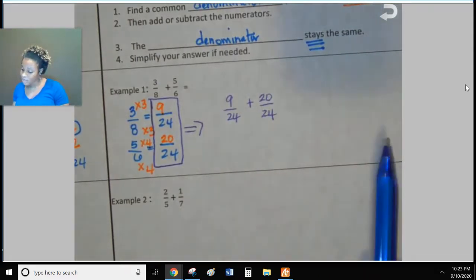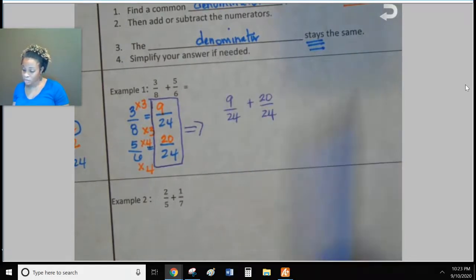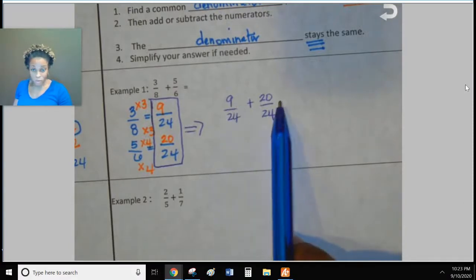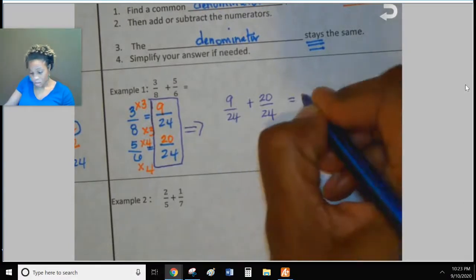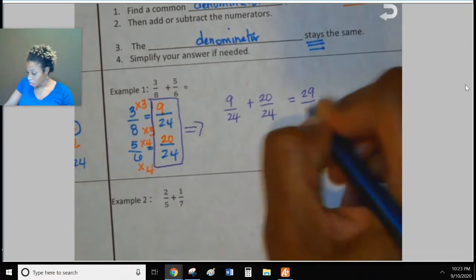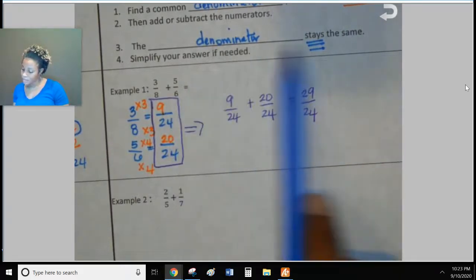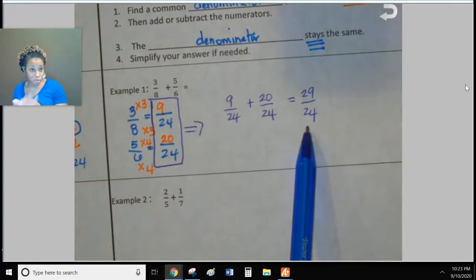My directions say find a common denominator, then add or subtract the numerators. Now they have a common denominator. I can add 9 plus 20 and get 29/24. The denominator stays the same. This stayed the same. I just wrote it on the bottom, okay?